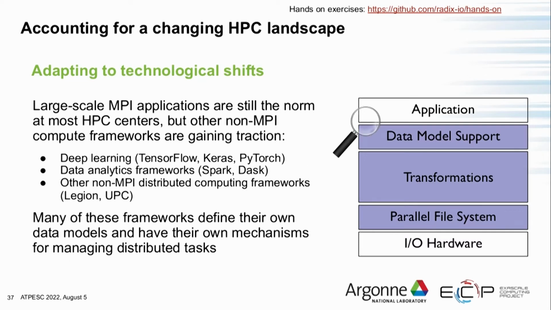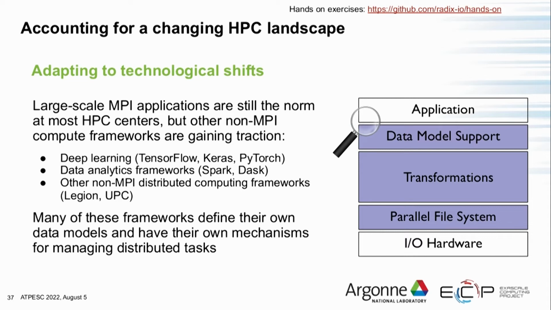At the application level, large-scale MPI applications are still very much the norm at HPC facilities, but other things are definitely gaining traction, whether that's machine learning and deep learning style workloads like TensorFlow or PyTorch, data analytics frameworks like Spark or Dask, and even entirely non-MPI distributed computing frameworks that are somewhat popular in HPC like Legion or UPC.